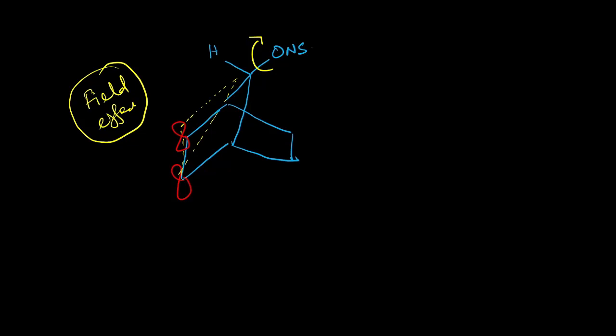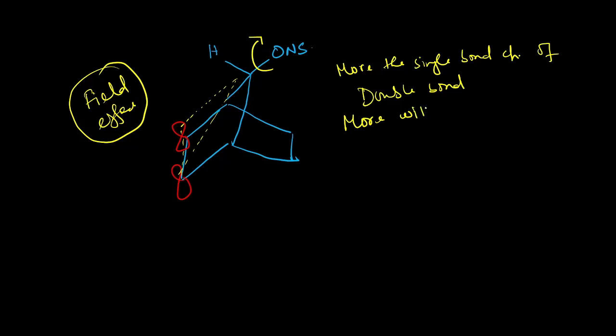The thing is, the more the single bond character of the double bond, the more will be the polarization, or the more will be the field effect. And the SN1 reaction rate will increase obviously.